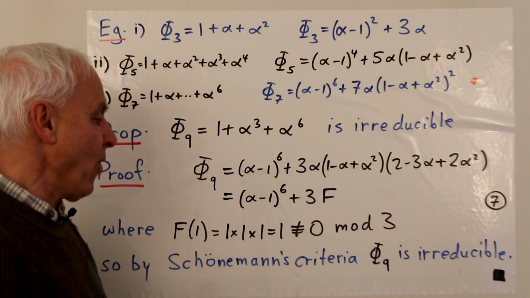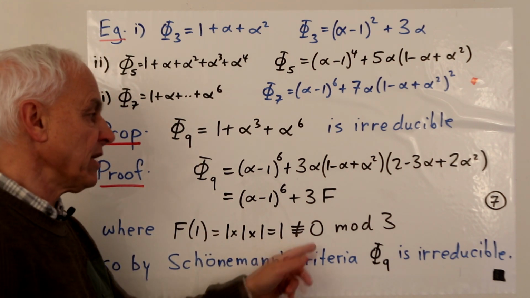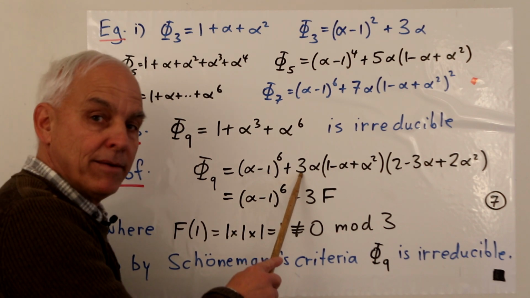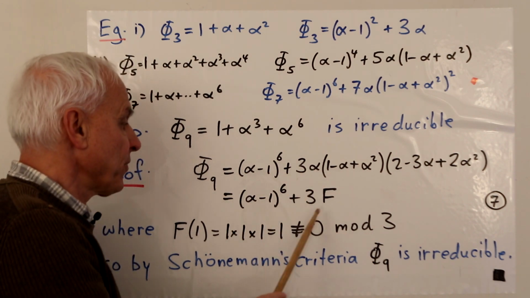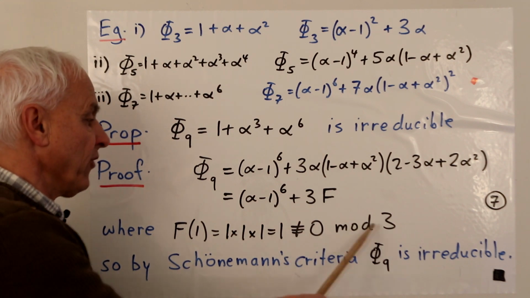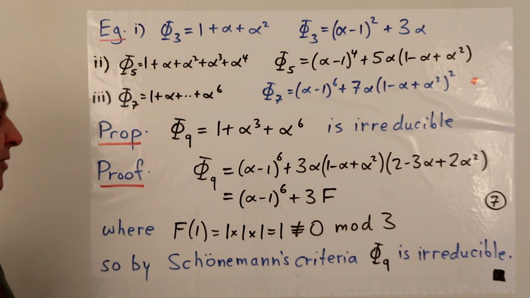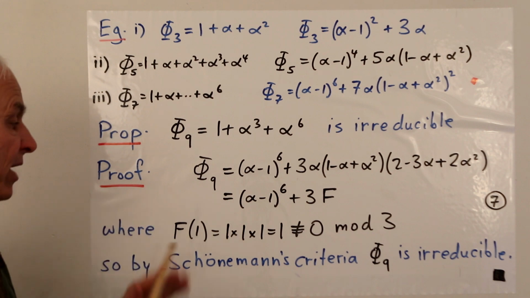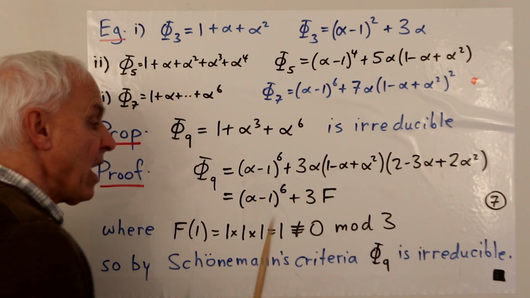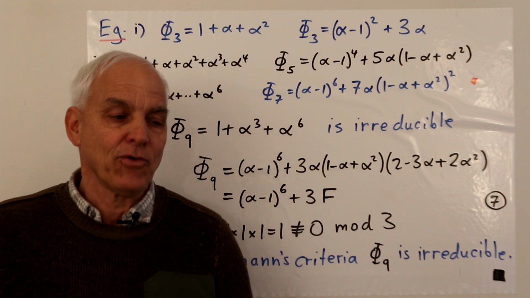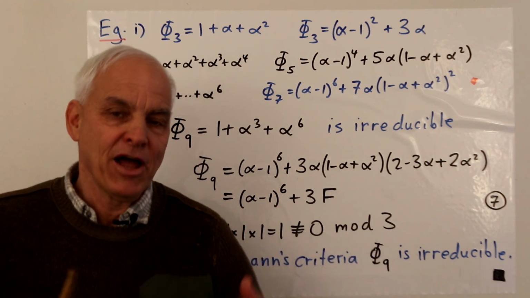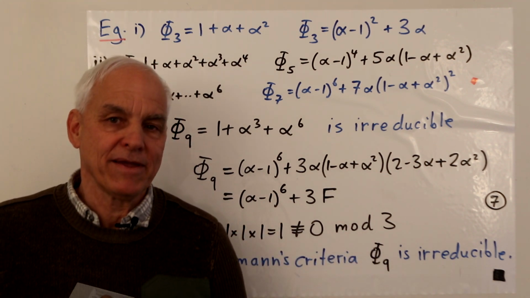So altogether we get 1, and that's not congruent to 0 mod 3. Okay, so it's 3, that's the prime, times f, and f of 1 is not congruent to 0 mod 3. So, by Schoenemann's criterion, phi sub 9 is also irreducible. So we've gone just a little bit beyond purely the prime case.